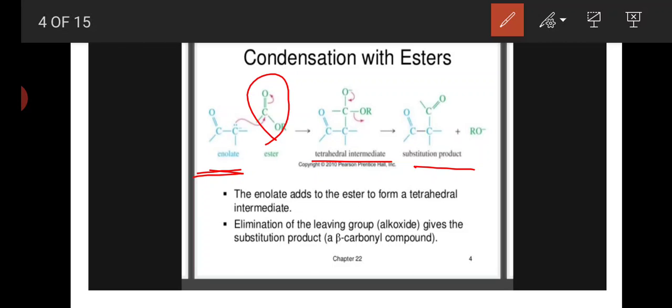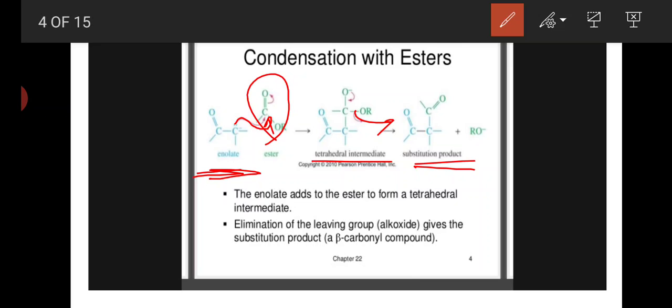Okay, first the enolate adds to the ester. Okay, this one is the enolate compound. This enolate carbon adds to the ester functional group carbon and forms a tetrahedral intermediate. This tetrahedral intermediate eliminates the alkoxide group and forms the beta carbonyl compound.